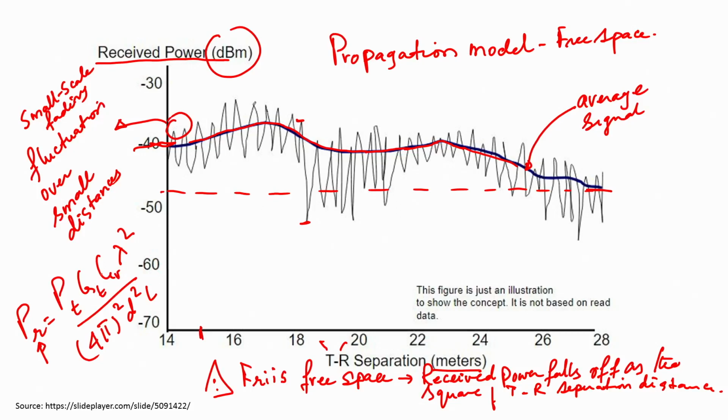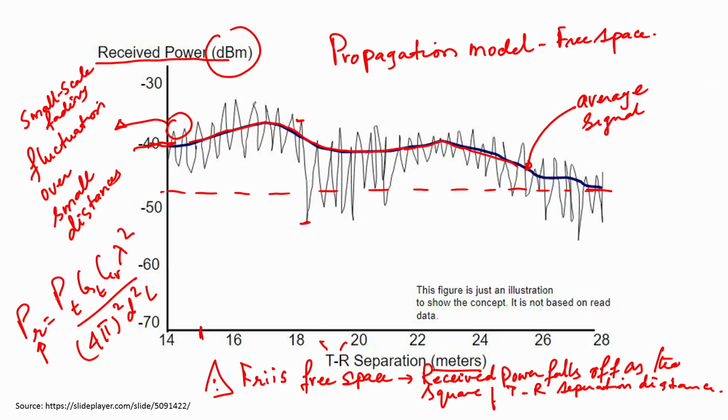Lambda, you know, is the wavelength given in meters. Gt and Gr are the gains of the transmit antenna and the receive antenna. Pt is the transmit power, and d is the separation distance between the transmitter and the receiver.